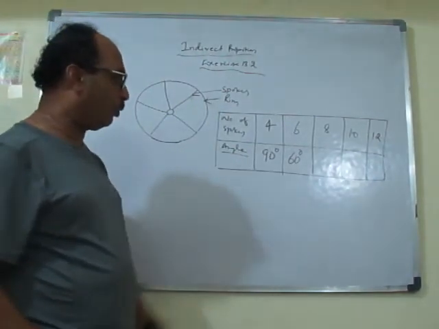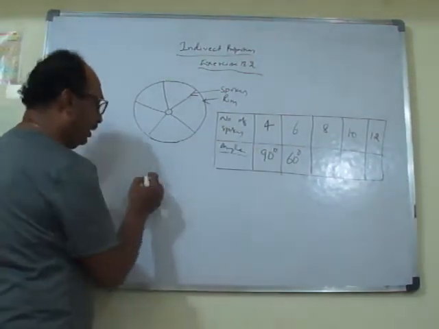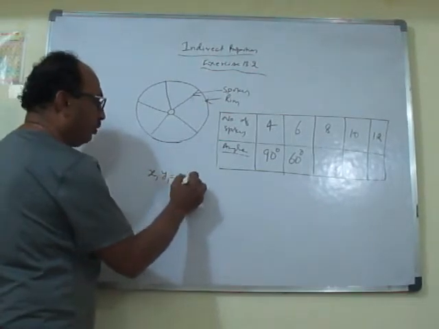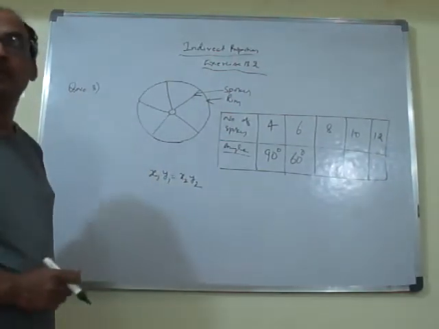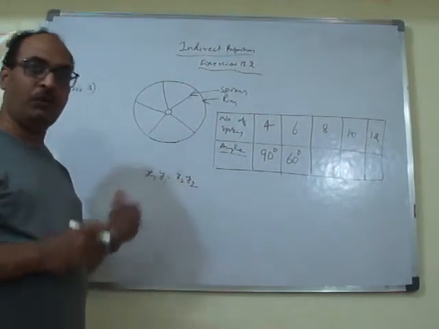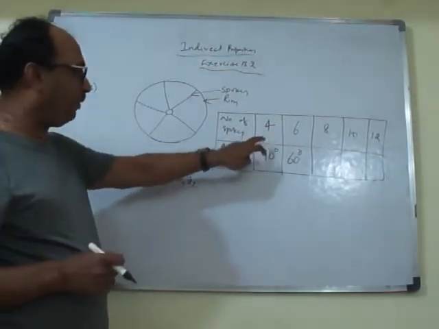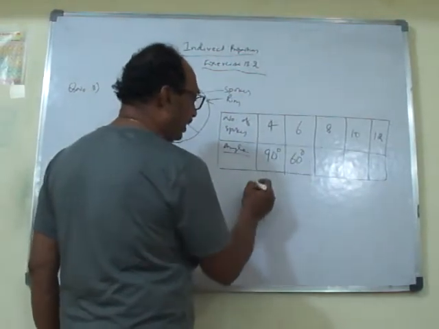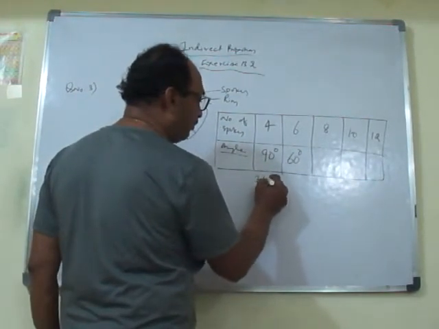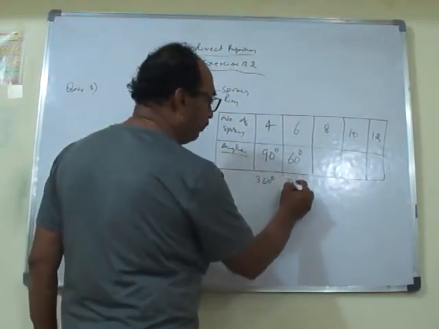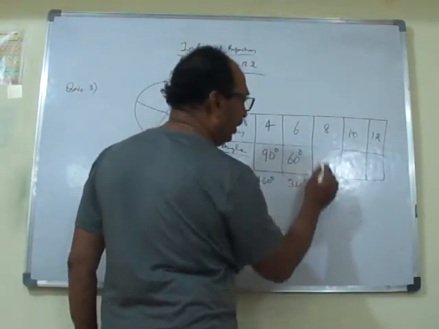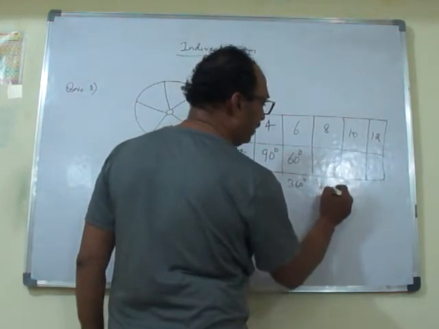Now for indirect proportion, we already know that we are following the relation x1 y1 is equal to x2 y2. So here what are we finding? We are finding 90 into 4. When we multiply this, we get 360. Similarly, whatever value comes here, when we multiply it, it will also come to 360 degrees.